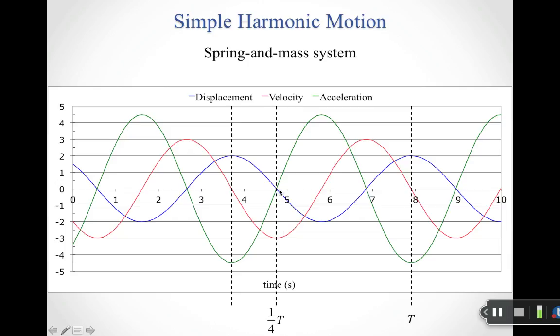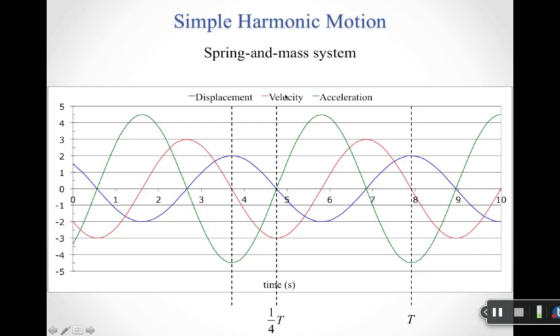Now if I go 1/4 of the way through the period, I'm at the position where my displacement is 0. That means I'm back at equilibrium. The acceleration is also 0. Again, that tells me I'm back at equilibrium because there's no force acting on my mass anymore.